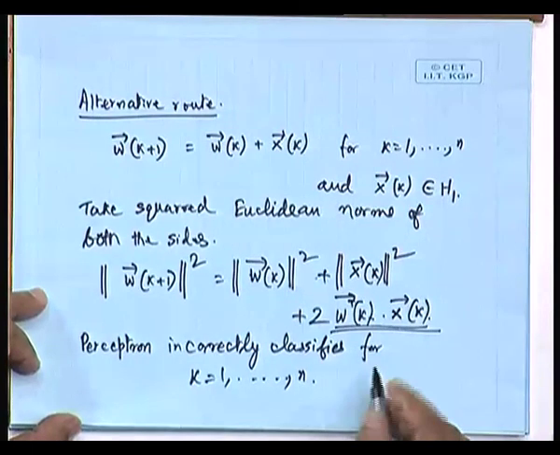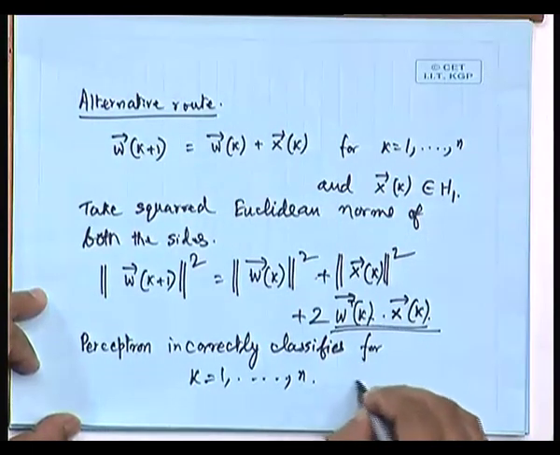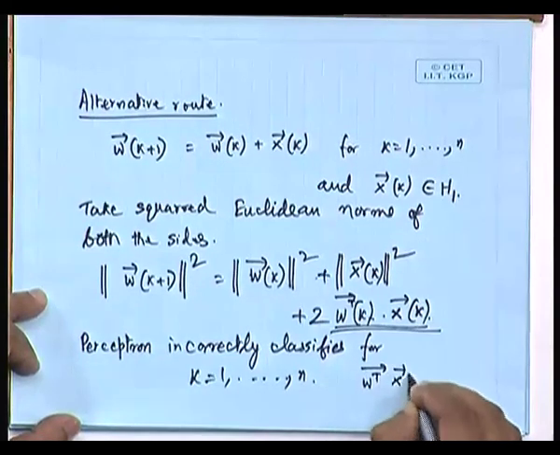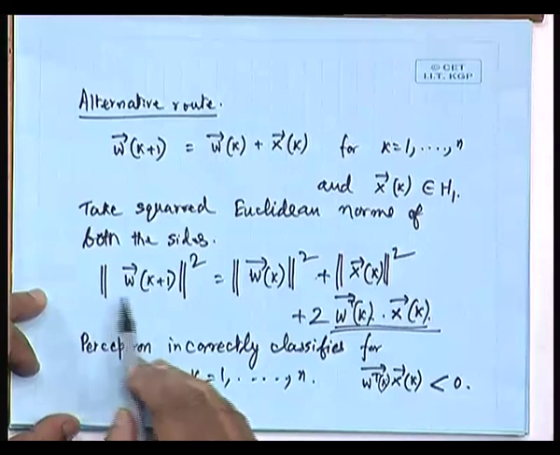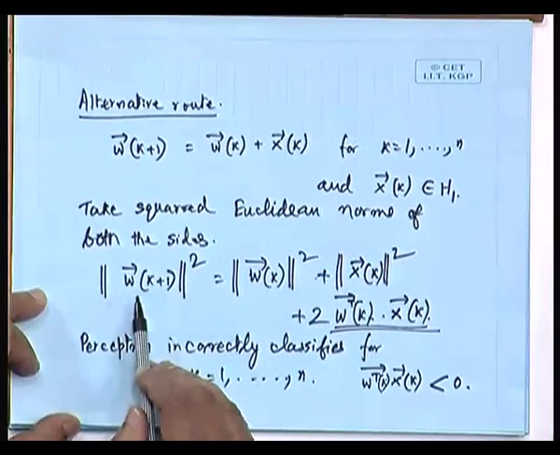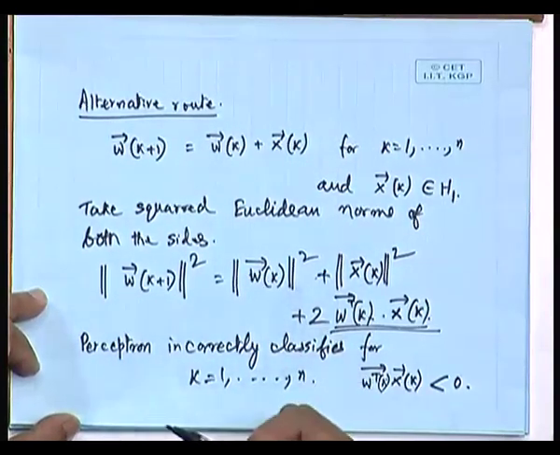Less than 0, yes, less than 0. So, Wk transpose xk is less than 0. If Wk transpose xk is less than 0, in that case what can we say about the relationship between the left hand side and the first two terms of the right hand side?